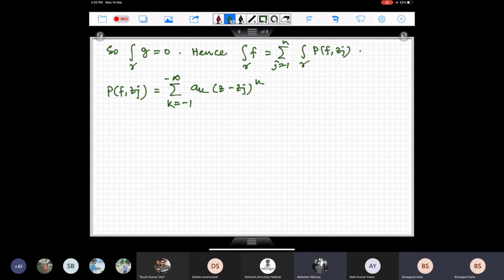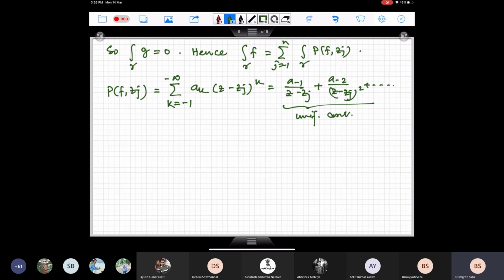So if I write it out, this is a minus 1 times 1 over (z minus zj), plus a minus 2 over (z minus zj) squared, plus so on and so forth. Remember, this converges uniformly in a deleted neighborhood of zj, so away from zj, it converges uniformly.